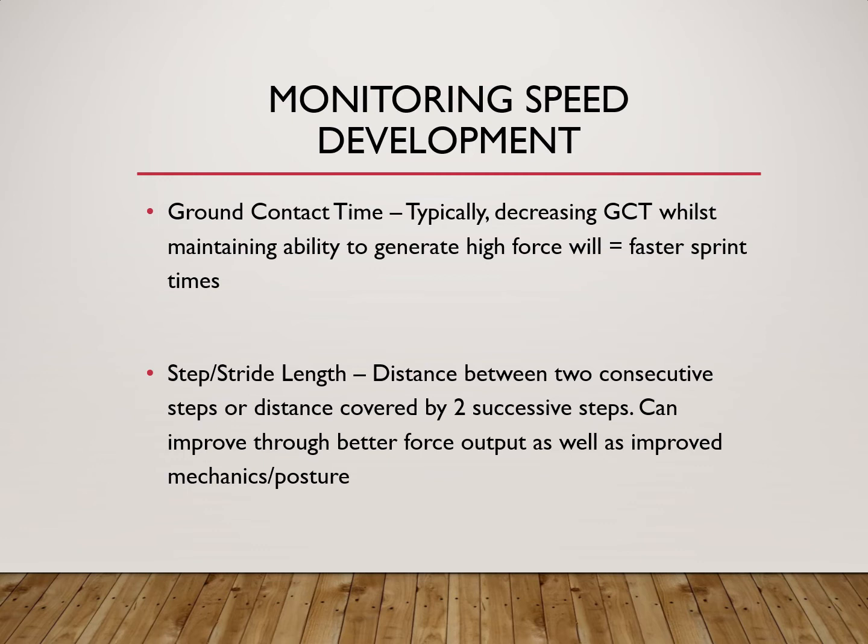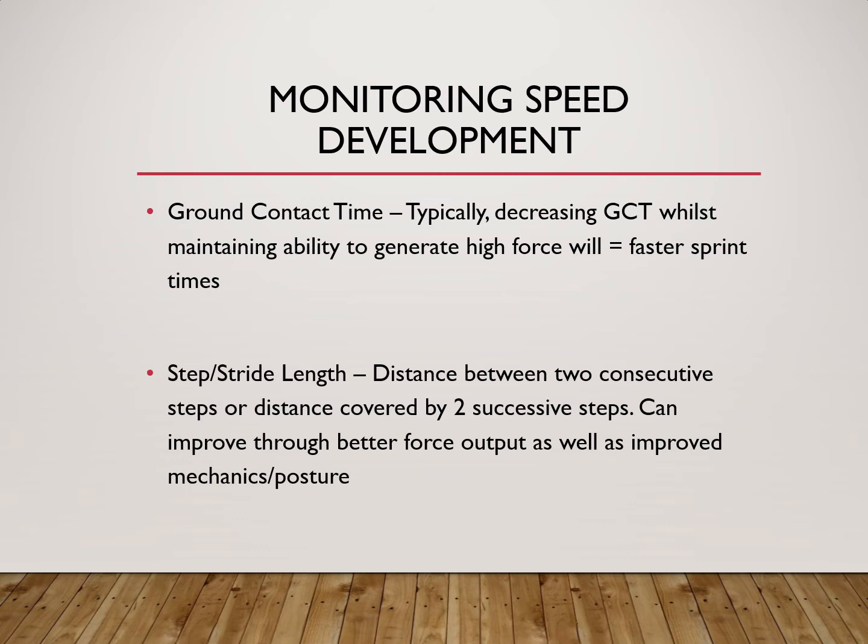We've also spoken about the relationship of the step length or stride length. This can be measured either between two consecutive steps, so from right to left, for example, or the distance covered by two successive steps, so going right foot back to right foot again. We know we can improve these metrics through improving our force output and improving our mechanics and posture. But we can also look for things like asymmetry.